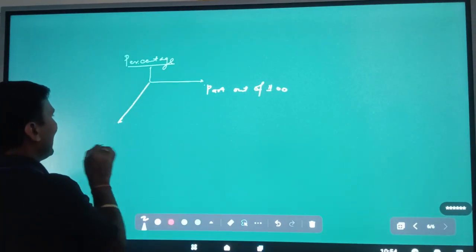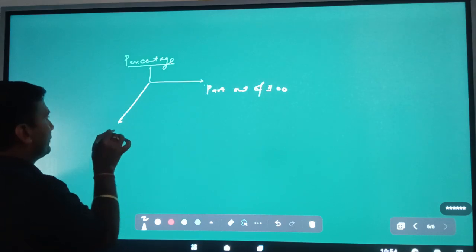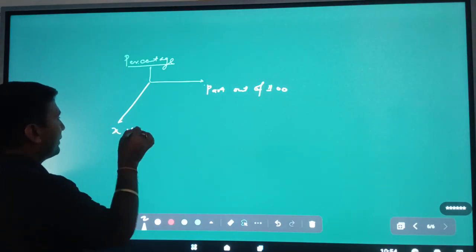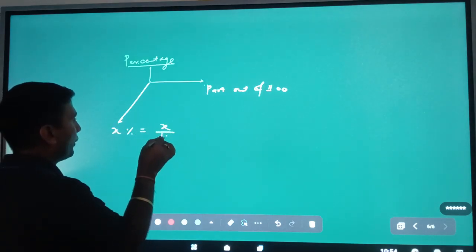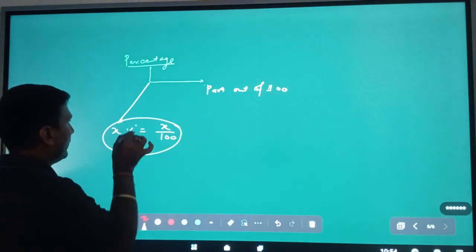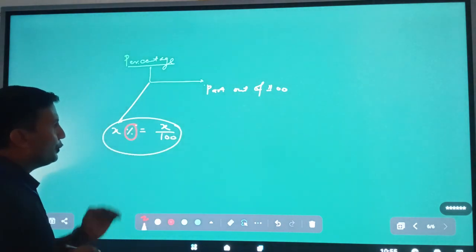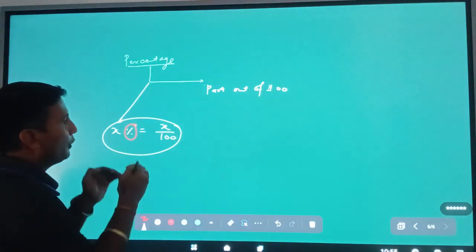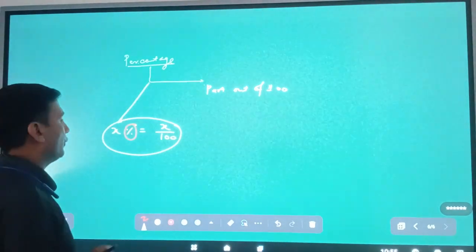Similarly, percentage can be written for any number. For example, x% can be written as x upon 100. So wherever you see this sign, you just put 100 below that number, not upon that number.